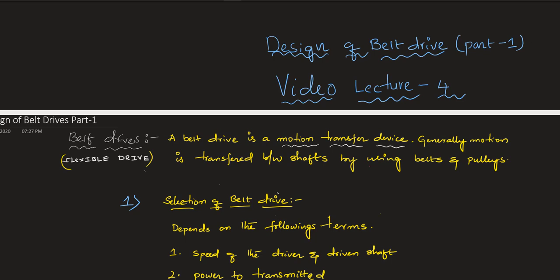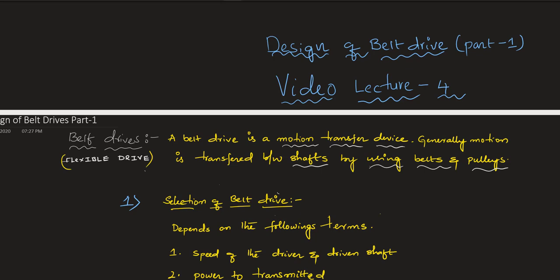A belt drive is mainly a motion transferring device or power transmission device that is generally used to transfer the motion between the shafts by using belt and pulleys. So once again, let me repeat this.